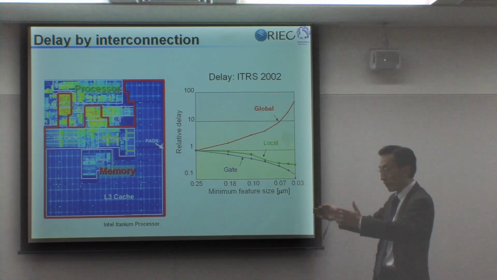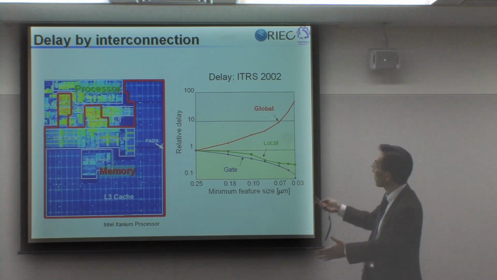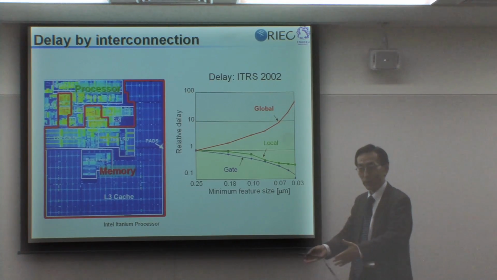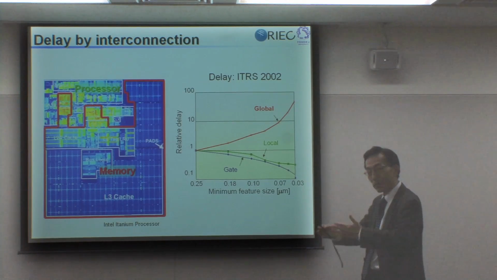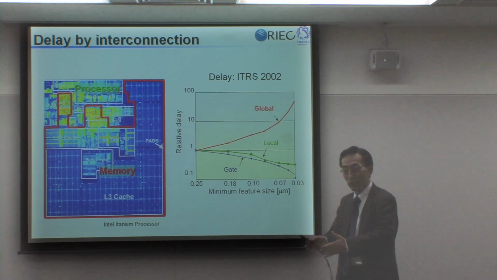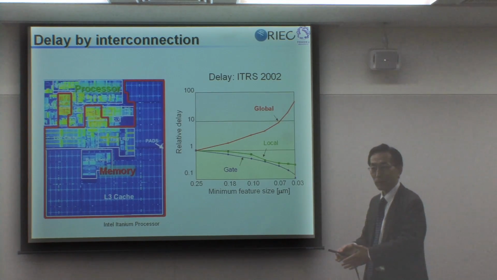So that means that we can reduce the size of an integrated circuit, and that means that we can reduce the interconnection delay. And in addition, if you can reduce the size of the integrated circuit, that also means that it becomes less expensive.